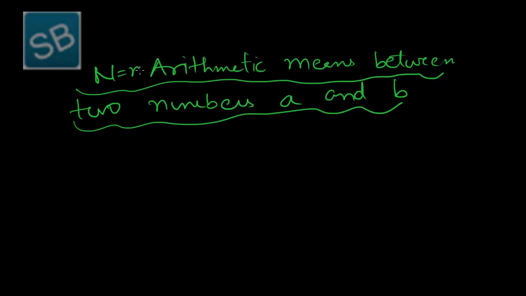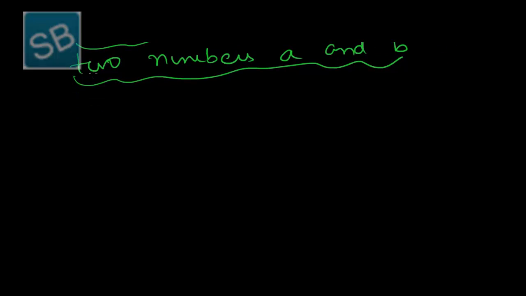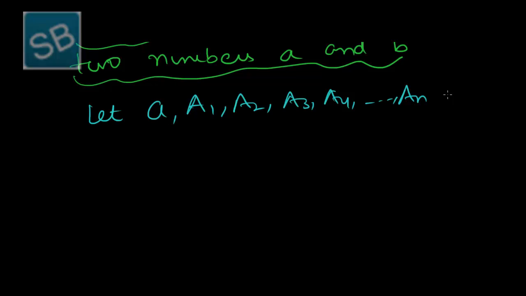Here n means small n, that is a natural number. Now let A1, A2, A3, A4, and so on up to An be the n arithmetic means between a and b.